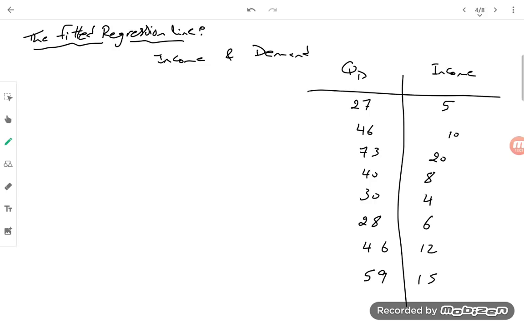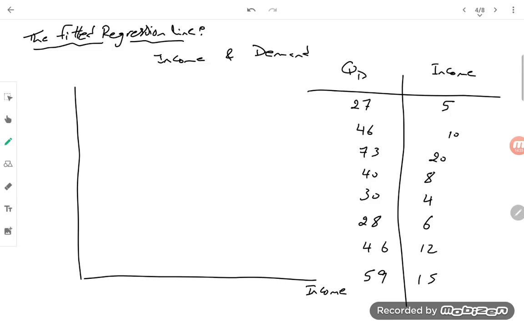In order to understand the true relationship between the demand for pizza and income, we have to plot a graph for this relationship. In order to identify whether it is a positive relationship or a negative one, we have to plot a graph. This is income on the x-axis and quantity demanded on the y-axis.